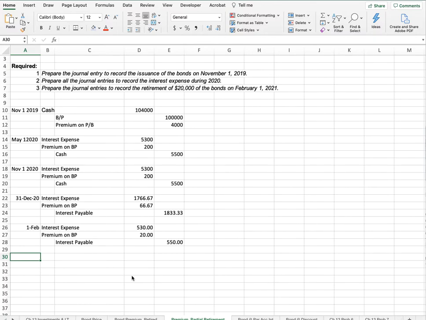So we're on the first, and I'm going to go ahead and just make a little chart over here on the side. With our bonds payable equal to 20,000. And then we need to add any unamortized premium.